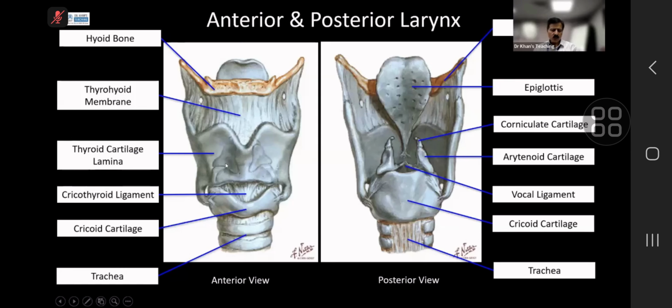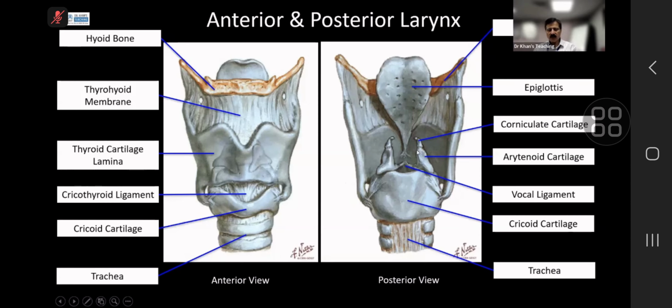Now, this is known as lamina, right lamina and the left lamina. Beware of this notch here, the thyroid notch. What will happen is that if a slice of CT scan or MR goes through like this, there might be a missing structure and you will overcall it. You will think as if there is a defect there. So this notch is important for you to realize.